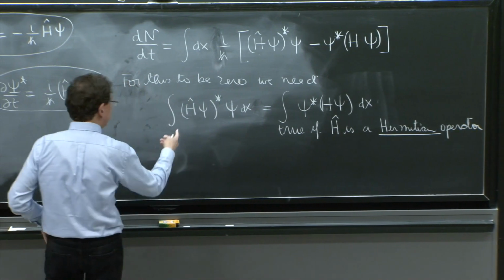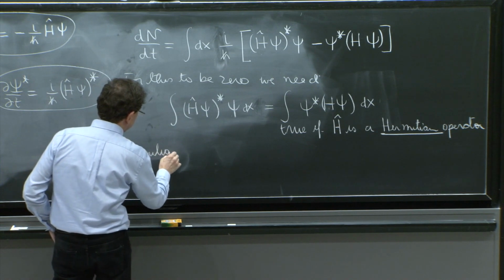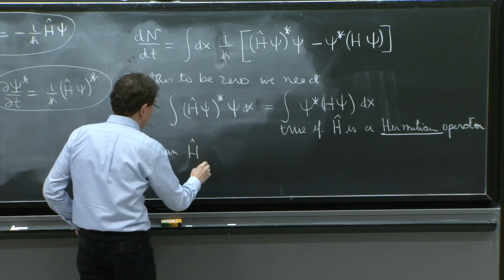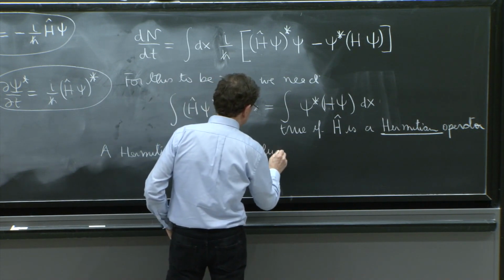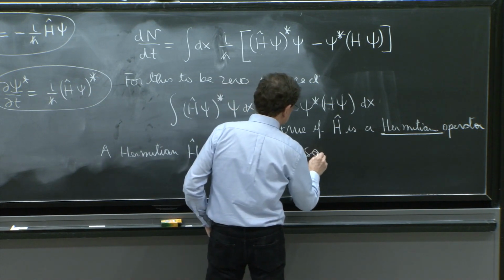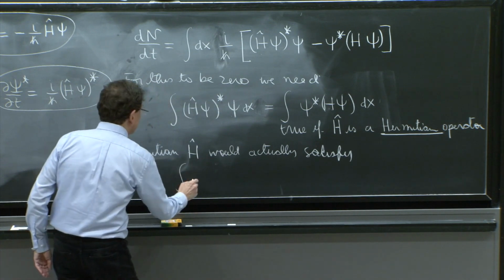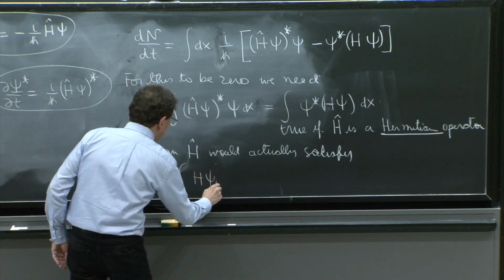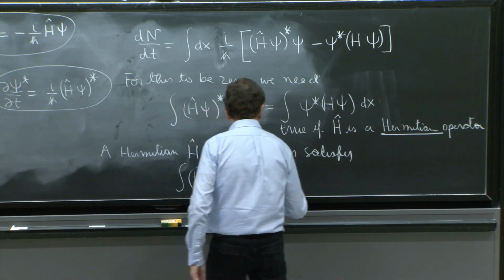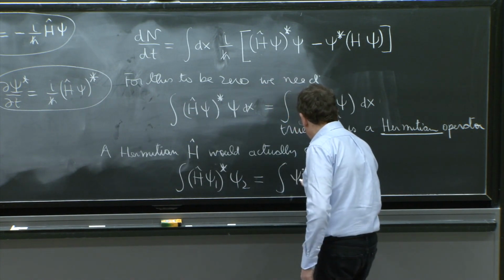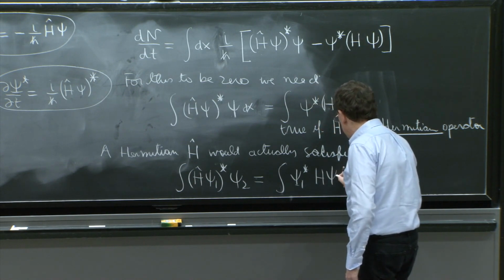Well, a Hermitian H would actually satisfy the following: that the integral of h psi 1 star psi 2 is equal to the integral of psi 1 star h psi 2.